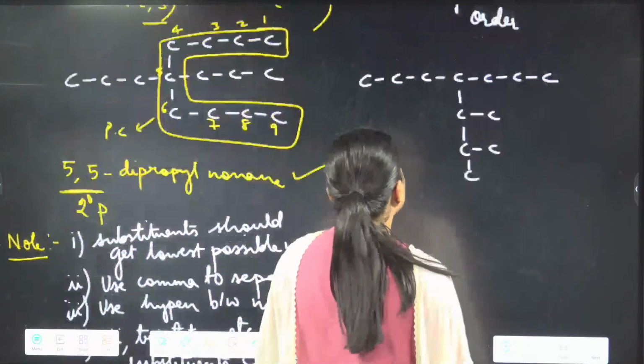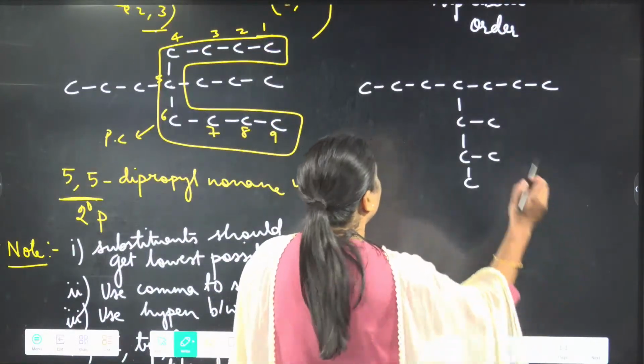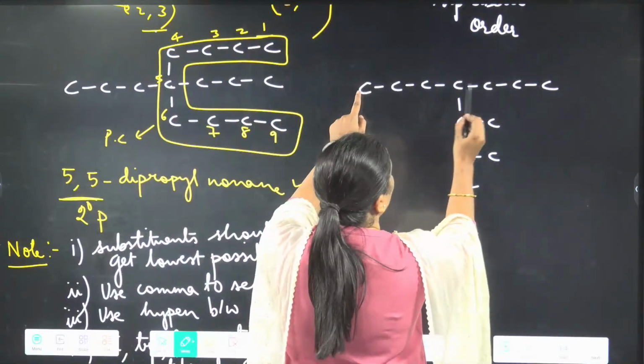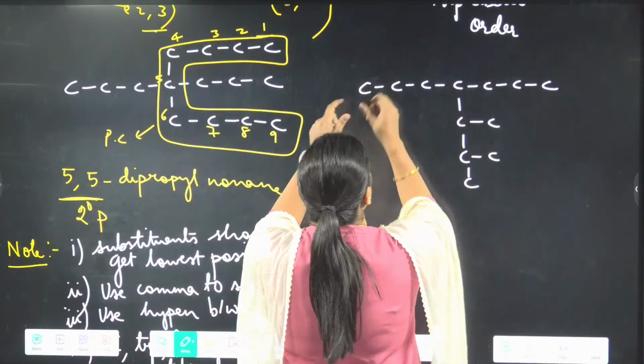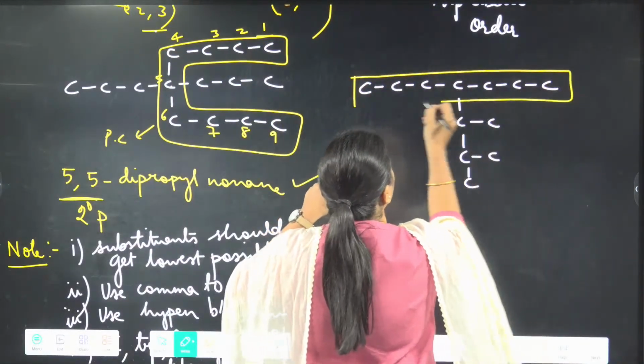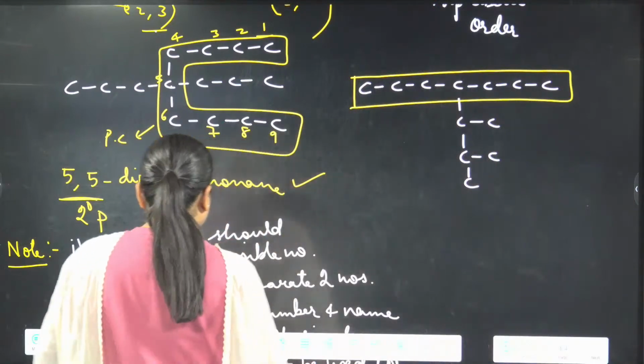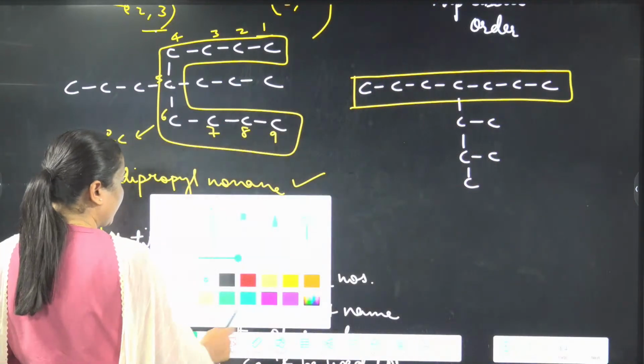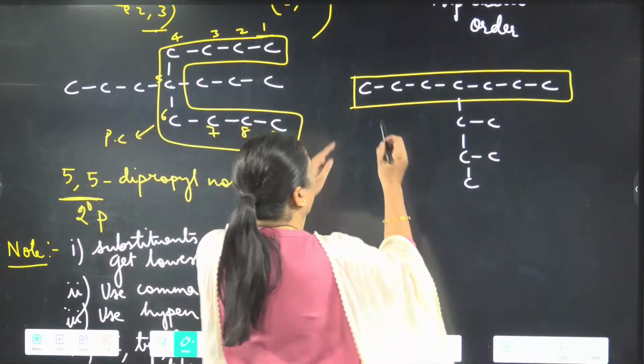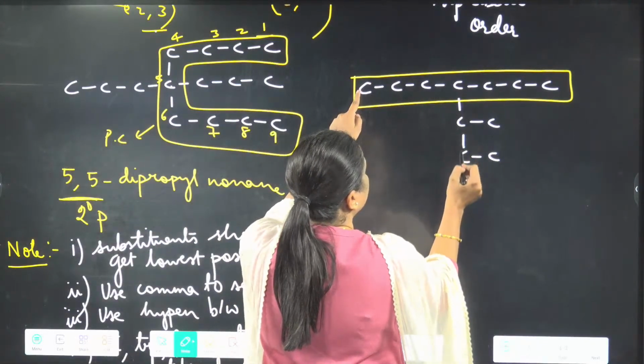Yes, I have given you this question here. So suppose if I go like this 1, 2, 3, 4, 5, 6, 7. Here, this is one possible chain. I'll change the color to suppose pink here. Other possibility is 1, 2, 3, 4, 5, 6, 7.